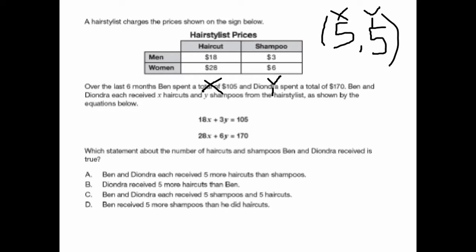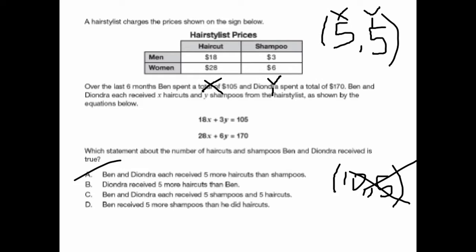Part A. Ben and Deandra each received 5 more haircuts than shampoos. That can't be true, because if that was true, then the solution would be (10, 5), as opposed to (5, 5). That's like saying I received 10 haircuts and 5 shampoos. So that can't be correct. B. Deandra received 5 more haircuts than Ben.